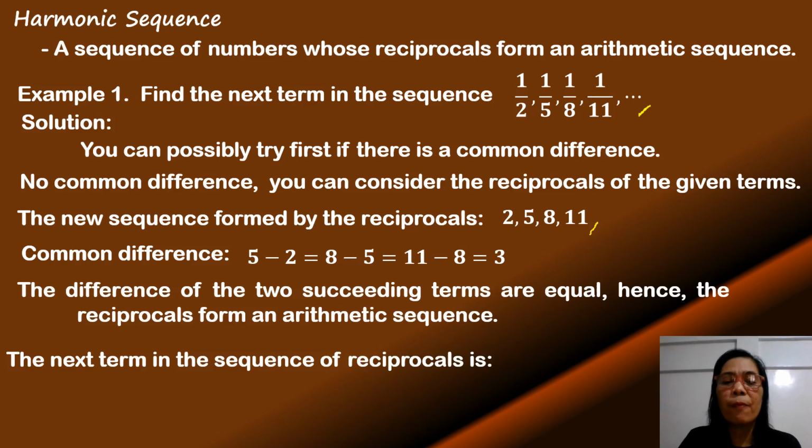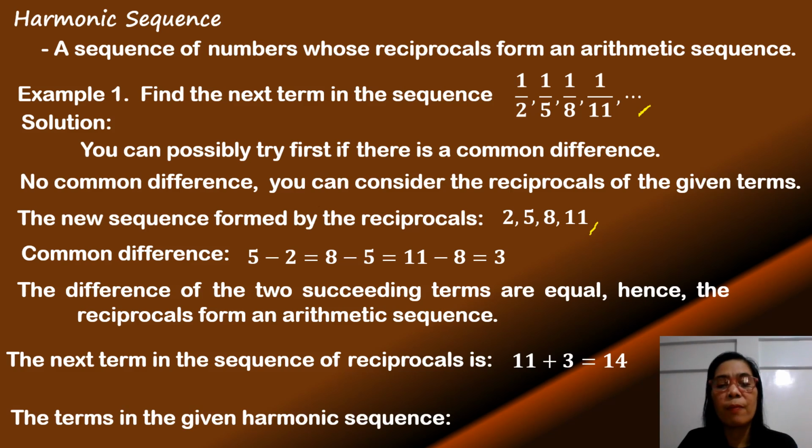And we can find the next term in this arithmetic sequence by adding the common difference to the last term. So we have 11 plus 3 is equal to 14. And so going back to the question, find the next term of this given sequence. So we therefore have the terms 1/2, 1/5, 1/8, 1/11, and the next term is 1 over 14.